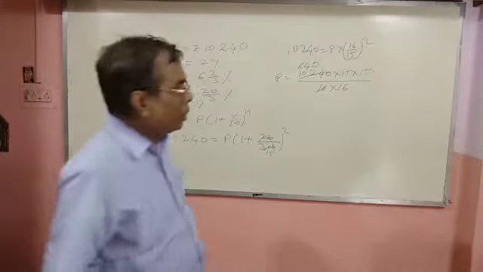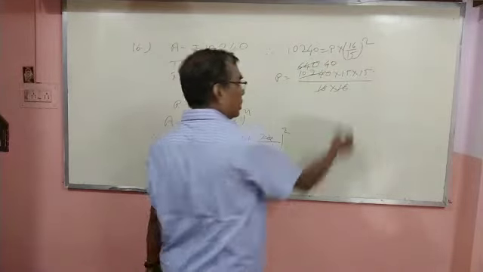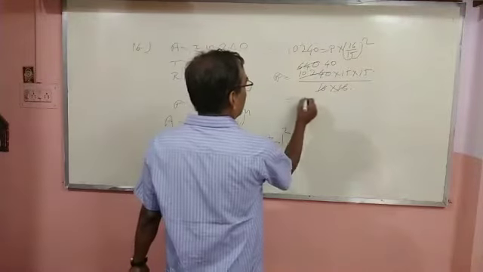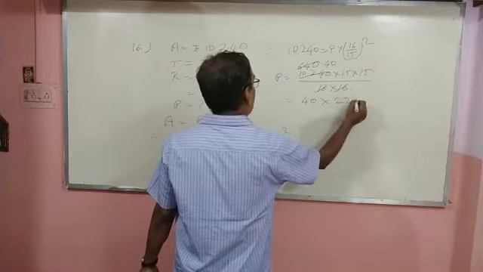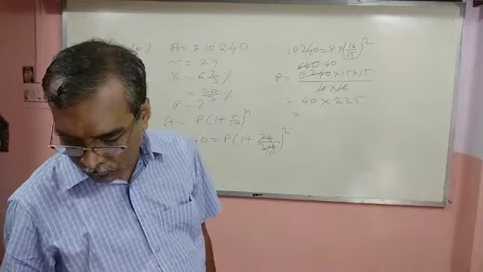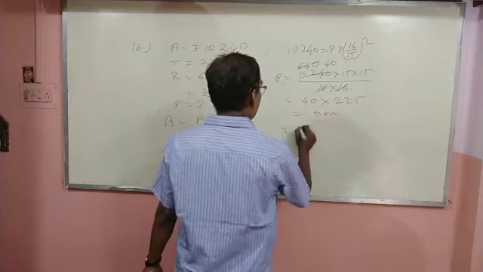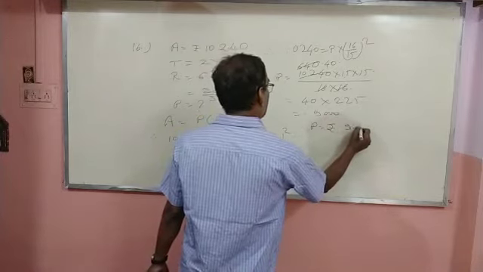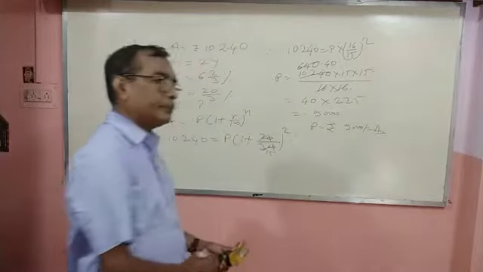And this 16 also will cancel 640, it will come as 40. And this one is equal to 40 into 15, we are getting as 225. And if we take the multiplication 40 into 225, it will come as 9,000. So therefore P will be equal to rupees 9,000. And that will be our answer.